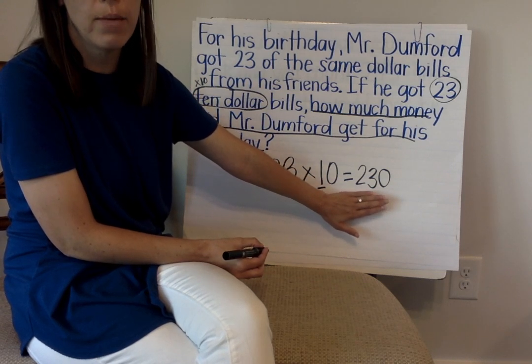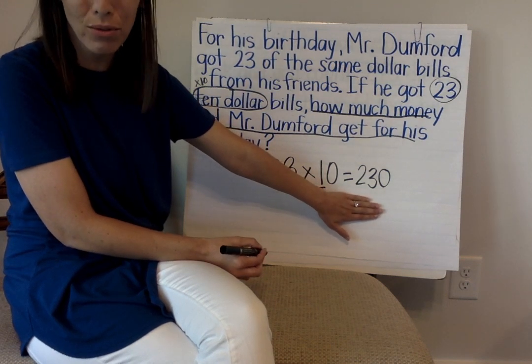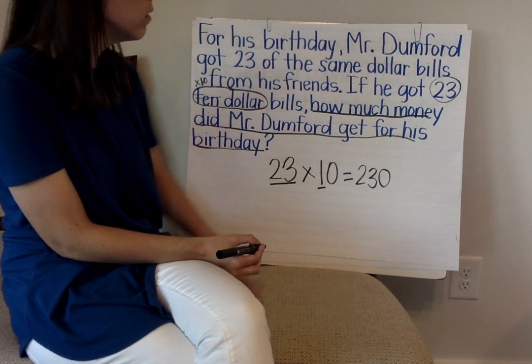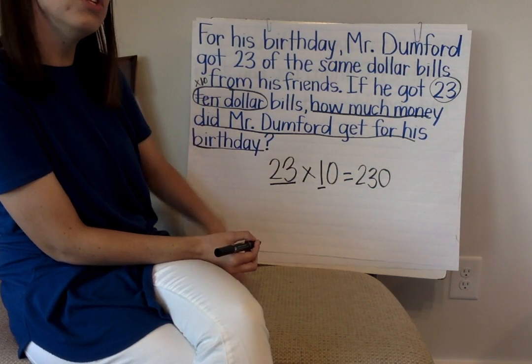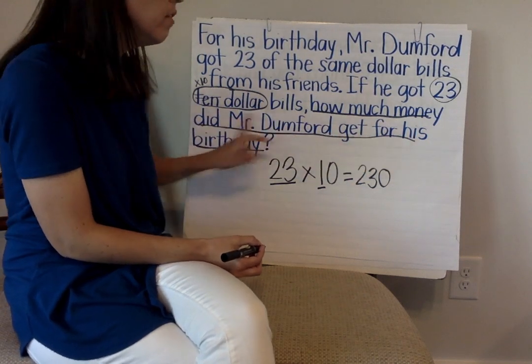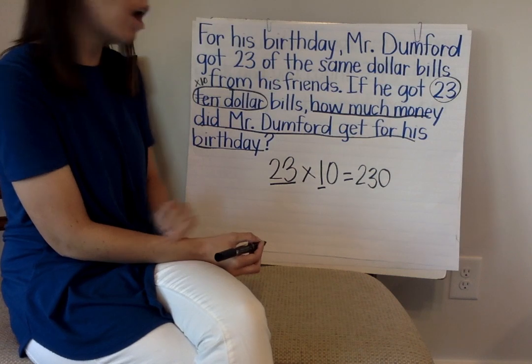This needs a label. What are we talking about here? Are we talking about 230 cows? What are we talking about? 230 pencils? The question says, how much money did Mr. Dumford get for his birthday? So this is talking about money. This is talking about dollar bills.